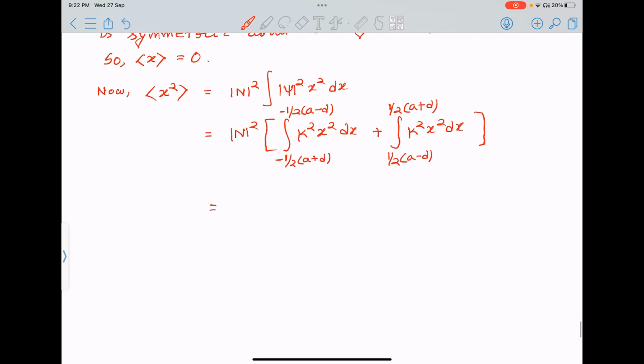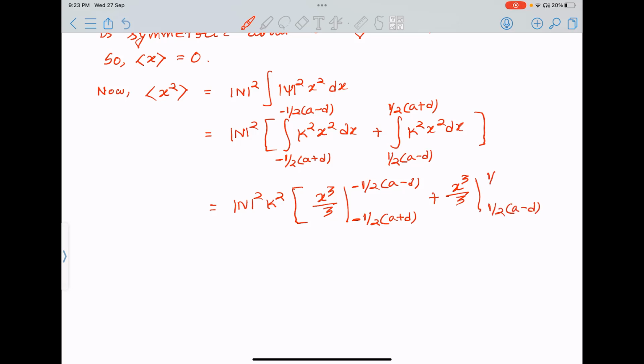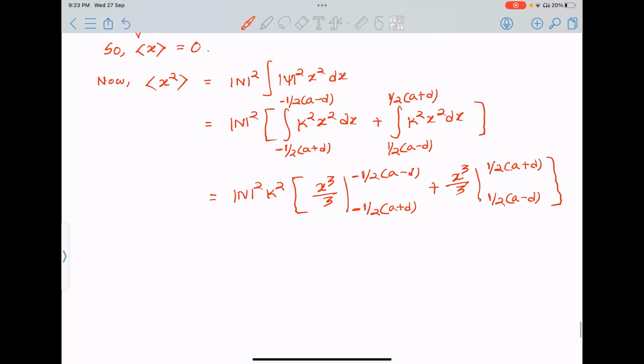So it will give me modulus of n square k square into, so integration x square dx will give me x cubed by 3 in the range minus half of a plus d to minus half of a minus d, plus the second part is x cubed by 3 in the range half of a minus d to half of a plus d. Okay.